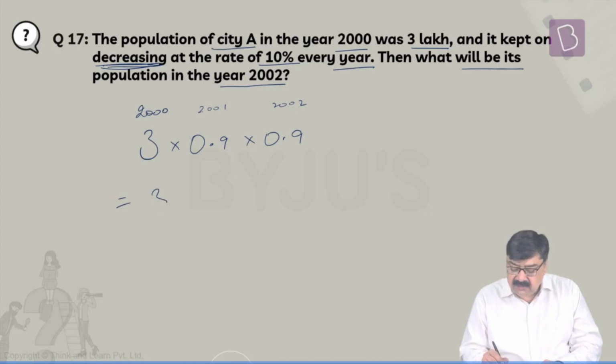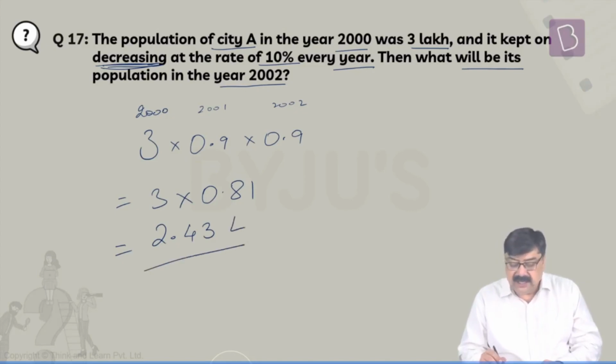So it shall become 3 into 0.81, and that is 2.43 lakh. 3 into 8 is 24, and 3 into 1 is 3. That is what we get here. So obviously the population will keep on decreasing by 10%. By the end of 2002, it will become 2.43.